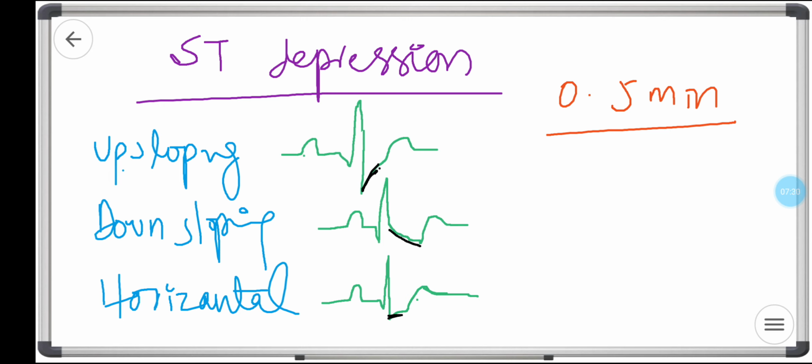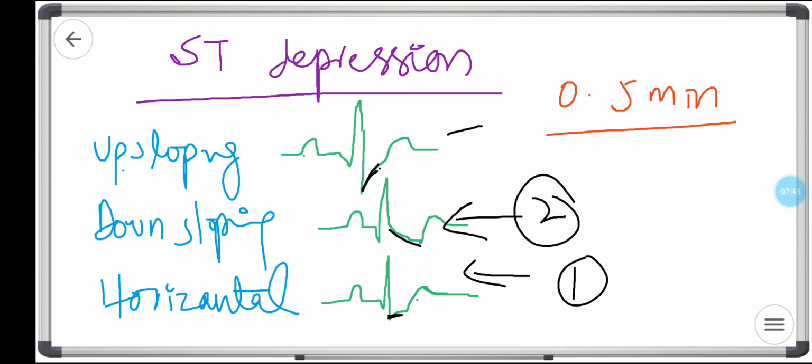Okay, because this upsloping is not very specific for ischemia. The most specific ST depression is actually the horizontal type, this is number one, followed by the downsloping. So downsloping or horizontal, 0.5 mm in two contiguous leads.